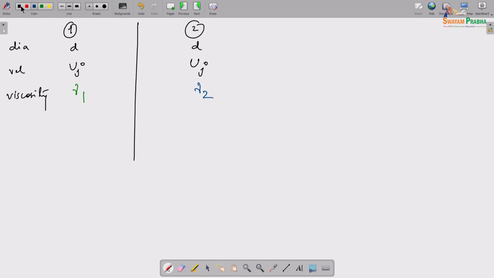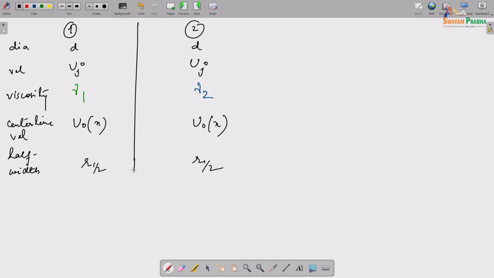This is different. Then you have the centerline velocity, which is essentially this, and that is also the same. And the half width, which is r half. So this is the scenario I have.